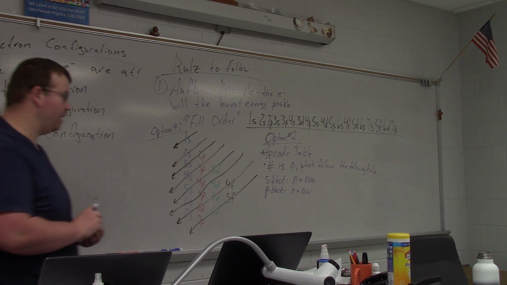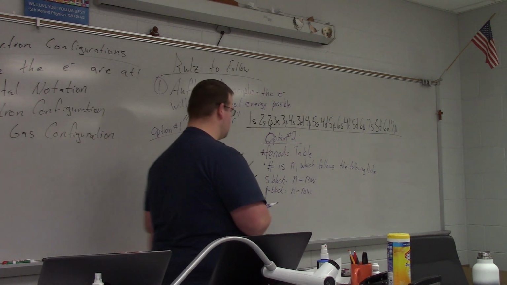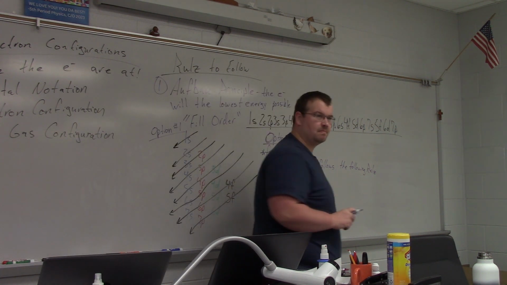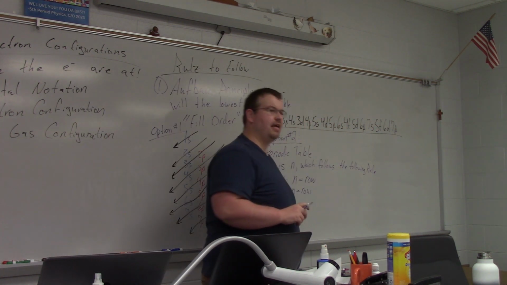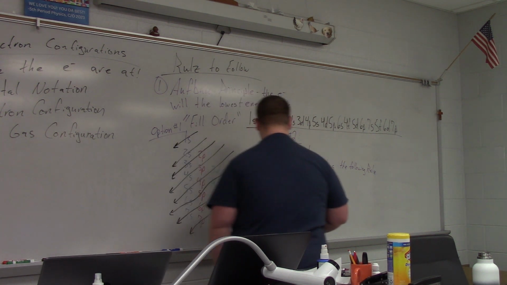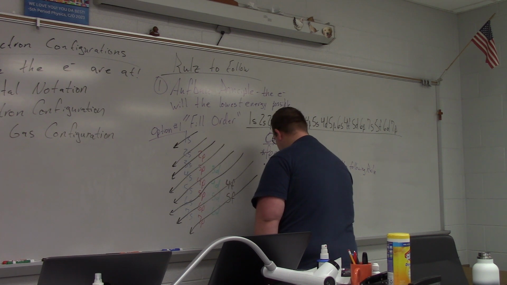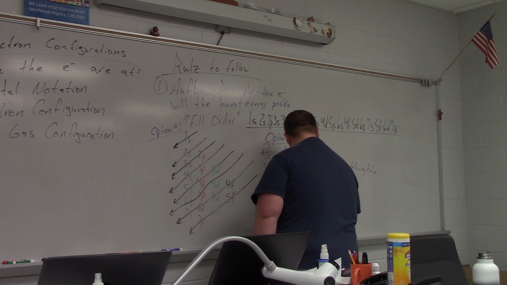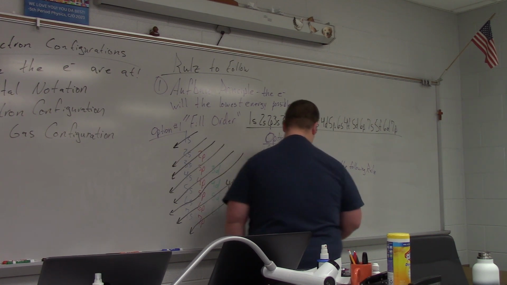What is a row and what is a column? I'm going to show you in a second. Rows are left to right, columns are up and down. D block: N equals row minus 1.